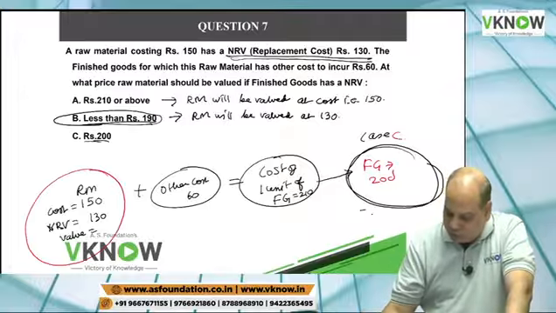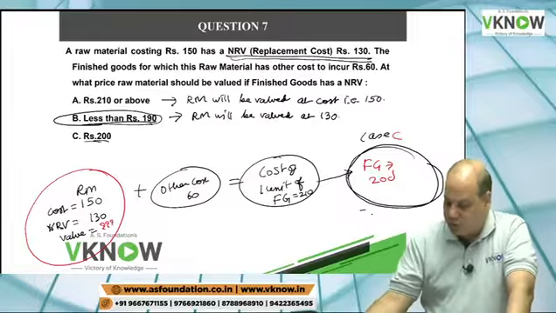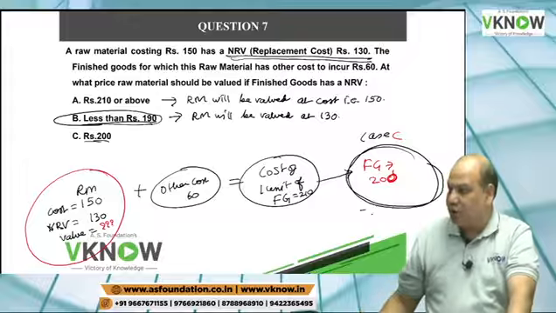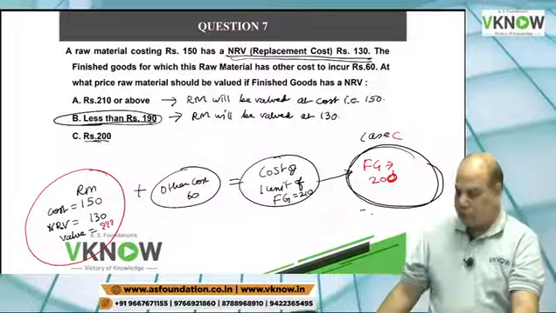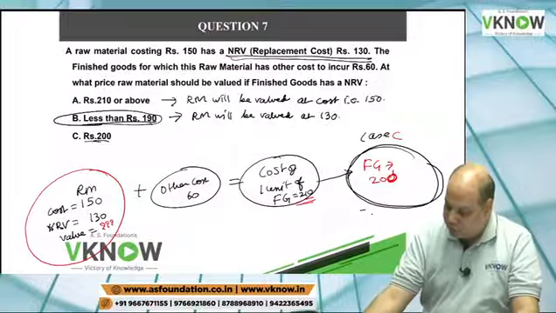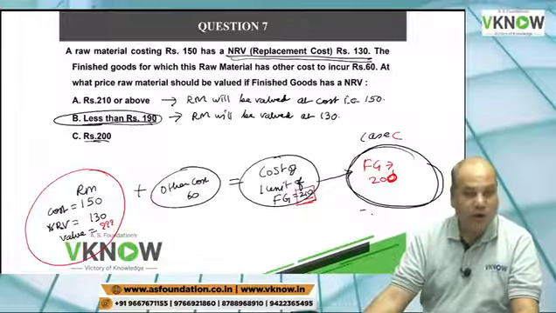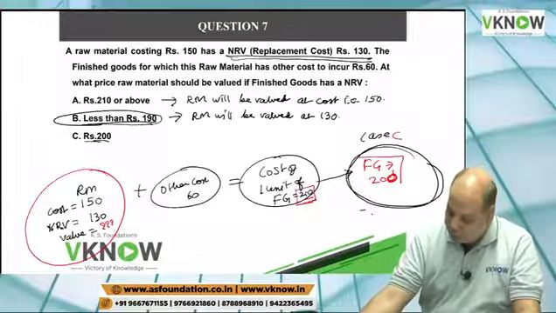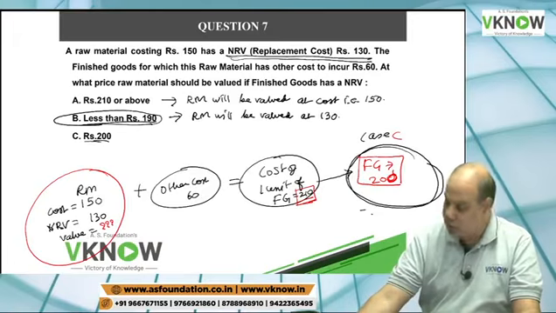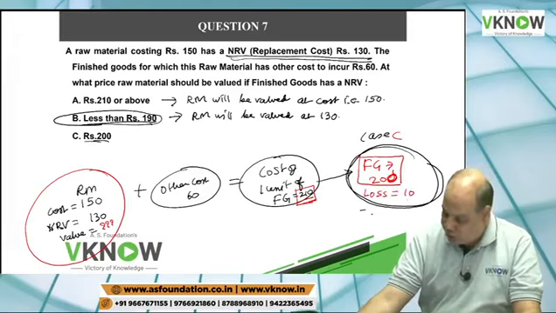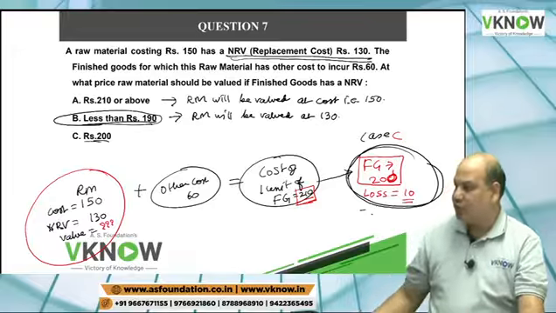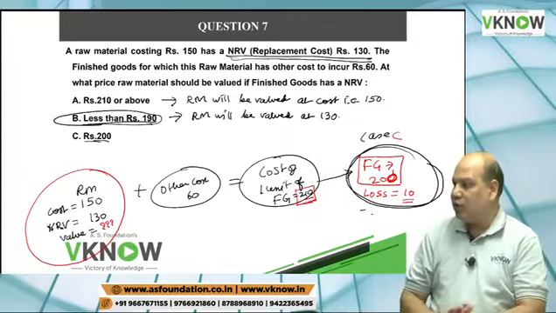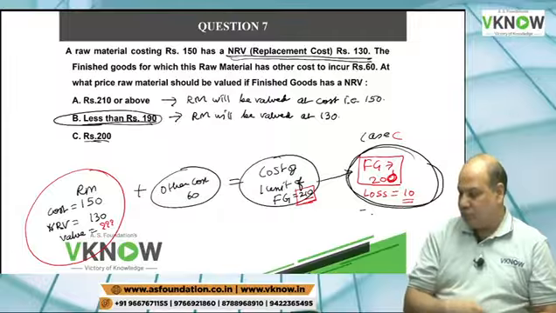At what amount raw material will be valued for balance sheet purpose? This question is important. What is the cost of finished goods? 210. What is the NRV? 200. So what is the loss you are incurring on finished goods? You are incurring a loss of 10 rupees on finished goods.